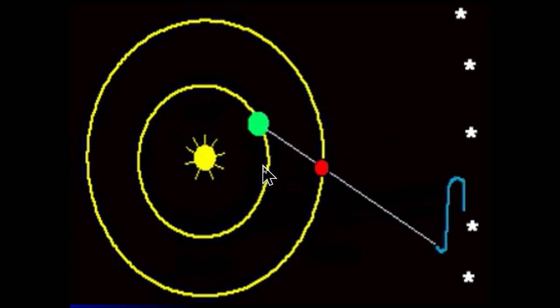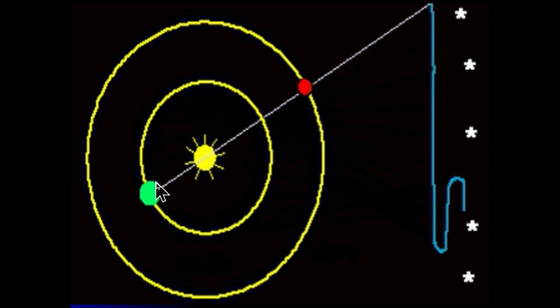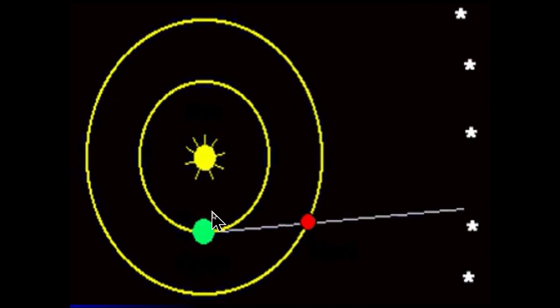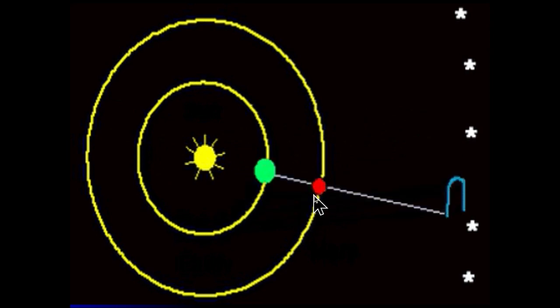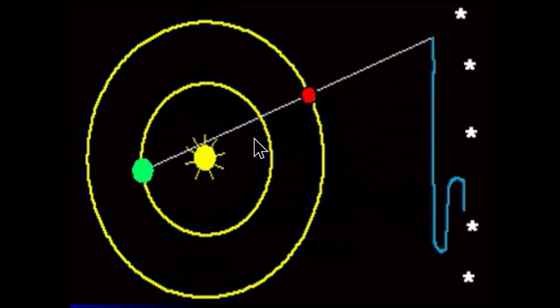In our example here for retrograde motion in the Copernican model, this is the Earth, and we see the Earth is rotating around the sun much slower than, of course, Mars. So really what happens is Earth basically laps Mars as it moves around the sun.